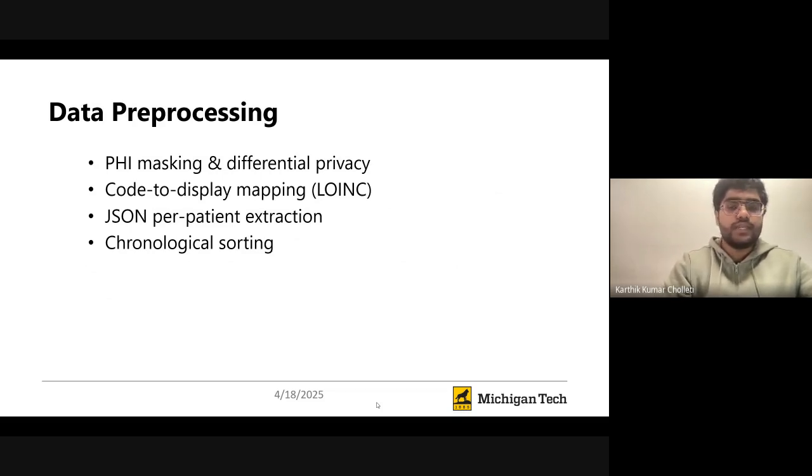Here we can't use normal methods for missing data, like replacing with modes. We need to take care of the data preprocessing very strongly. The observations are extracted per patient into JSON, and timestamps are converted to Python datetimes and sorted, ensuring all trends reflect true chronology.